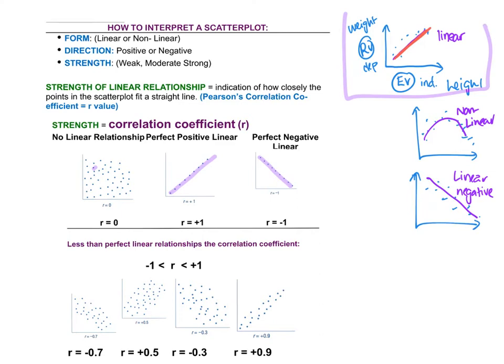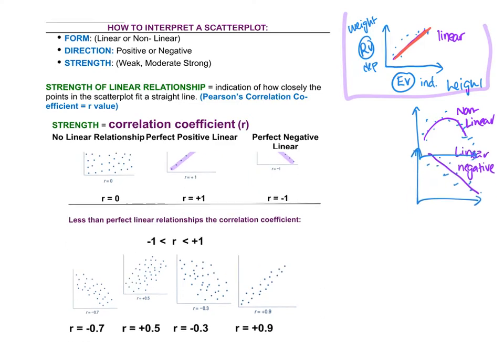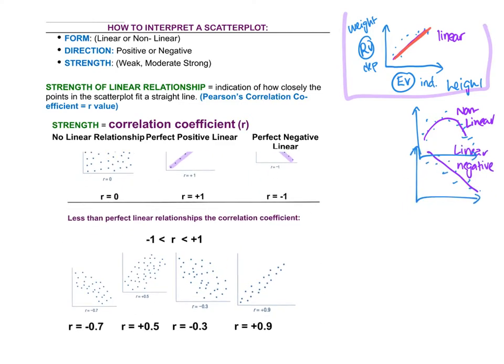Then you've got the in-between of these things. If you have a little look down here, on this one, the dots are all sort of going in the same direction, going downwards. I'd say it's still linear, still sort of following a straight line, but they're not so close to being on the same line.